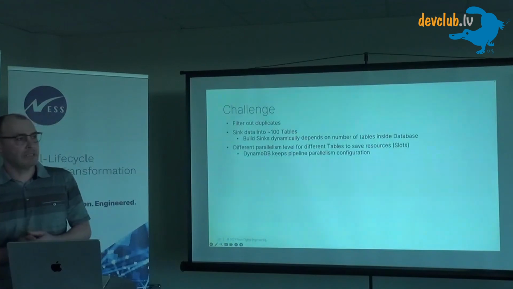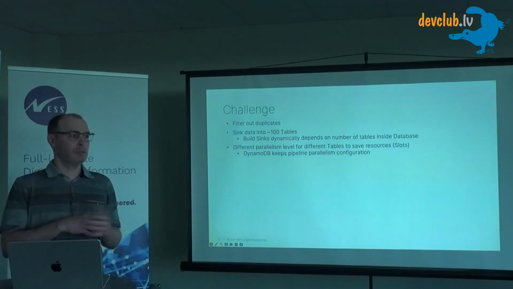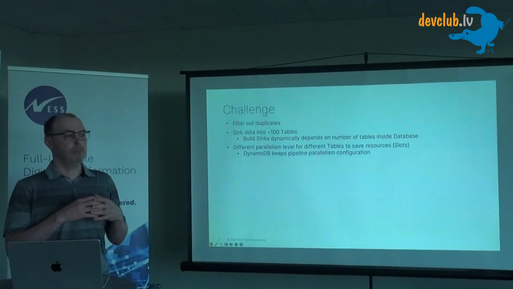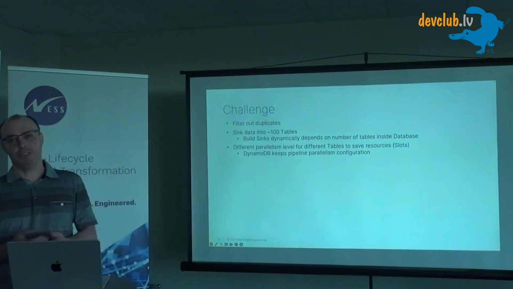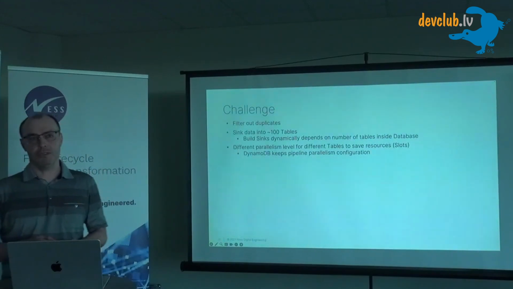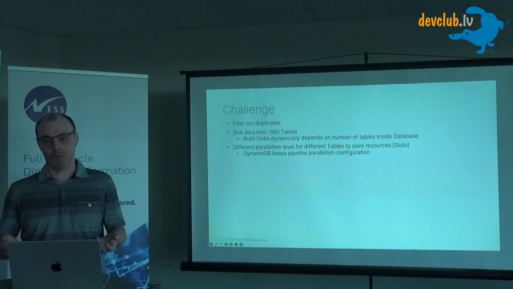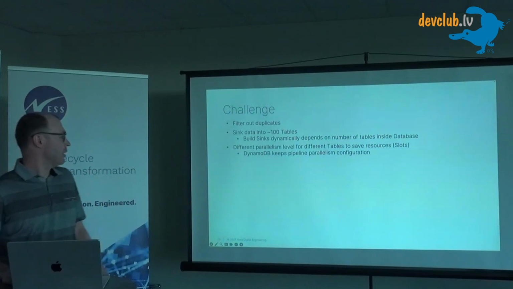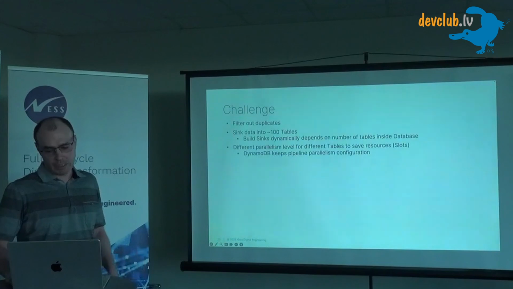Sessions could contain different message types, and for some tables we could have, I don't know, billions of messages. For some tables we could have just a few messages. There is no reason to build a sink for a few messages with more than one parallelism. So that's why we decided to keep pipeline parallelism configuration inside AWS DynamoDB.